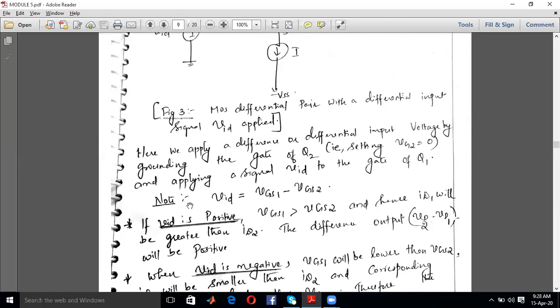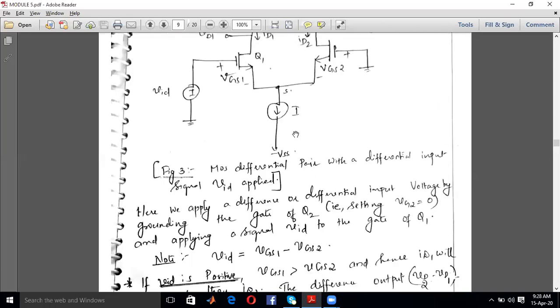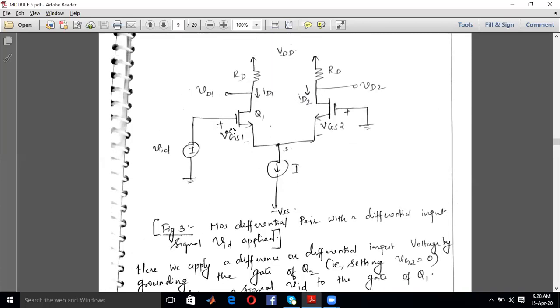If VID is made positive, it is understood that the gate-source voltage of the first transistor is more positive than that of the second transistor. So under this situation, what will happen? Which kind of transistor is this, PMOS or NMOS? What about Q1? NMOS, yeah.